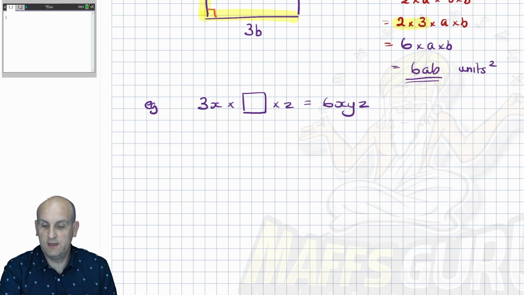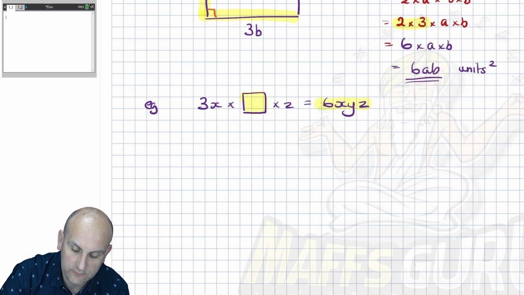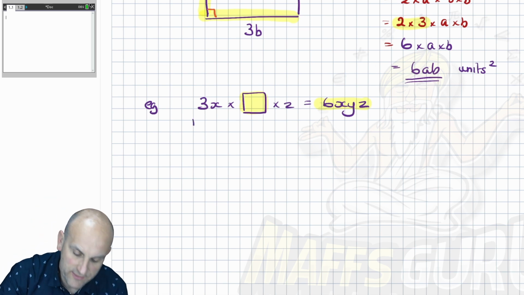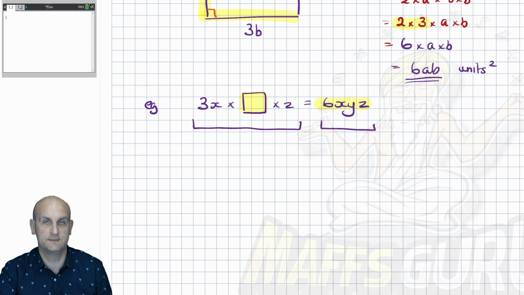One last example, I really like this one, is giving you the question backwards. So we're now giving you the answer, and we're asking you to find the value of what would go in that box, such that this, when multiplied, would give you this.